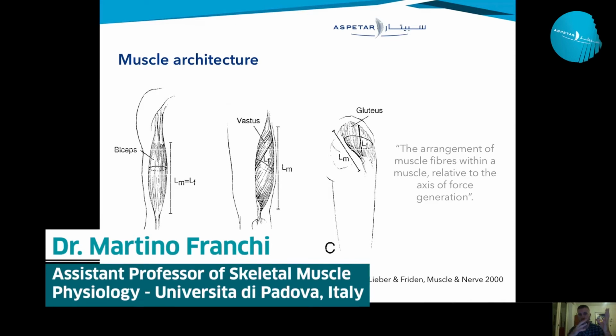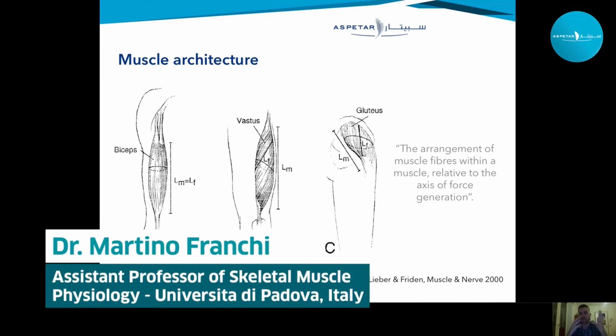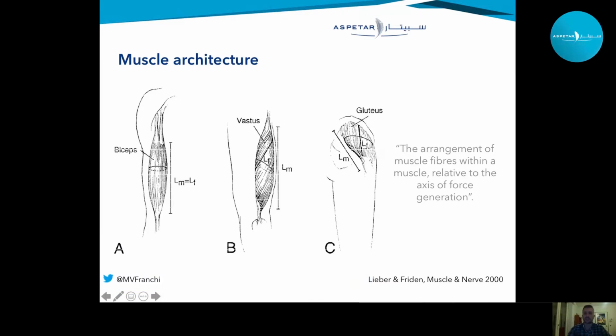We have to speak about what muscle architecture is. Muscle architecture is defined as the arrangement of the muscle fibers within a muscle relative to the axis of force generation. You can appreciate in these figures that there are three different types of muscle architecture in three different muscles.